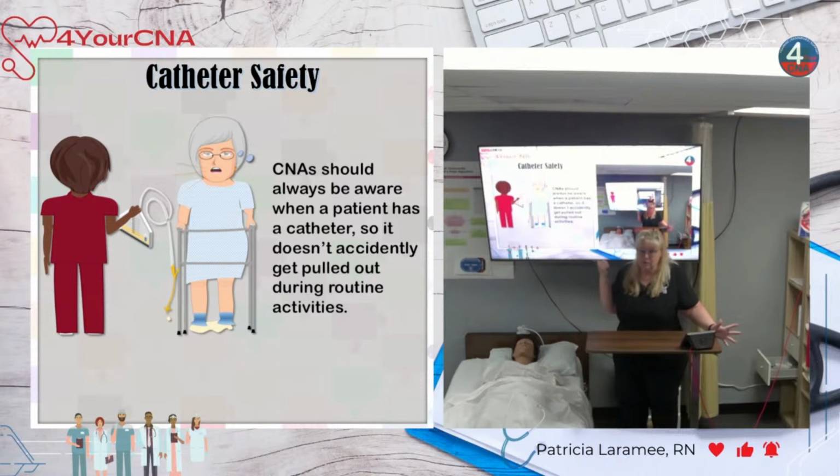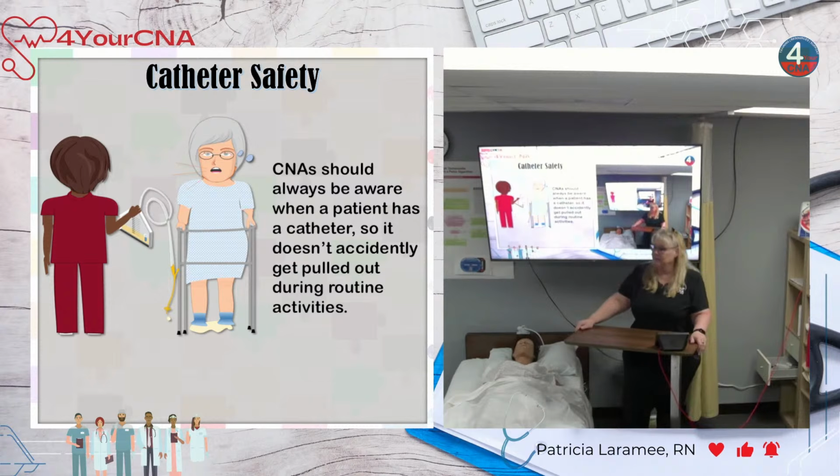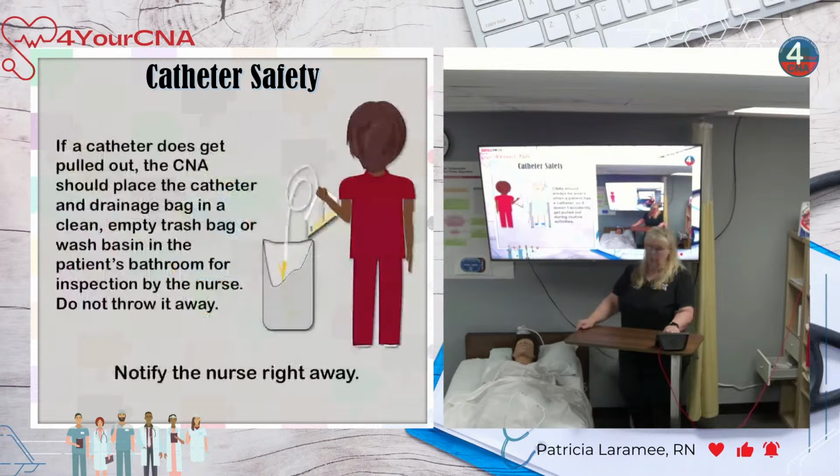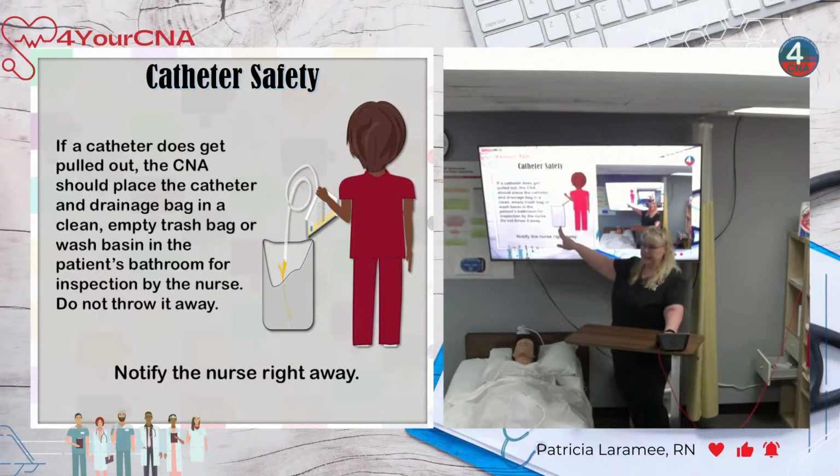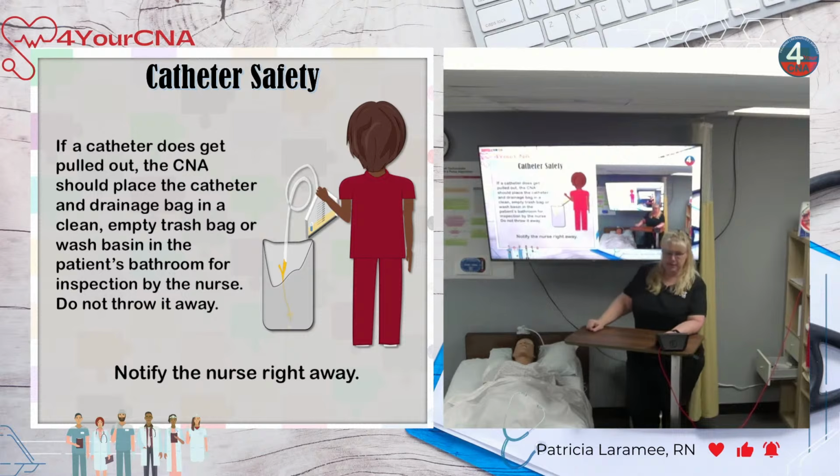I don't know. So now we're doing temperatures every 4 hours or every 2 hours around the clock because I'm trying to see if the body may have a foreign object reaction to that, and it can cause an infection in the patient. So we need to know what we're dealing with. So if a catheter comes out, we simply put it in a clean trash bag in the patient's bathroom for the nurse to be able to review. Good? Good.